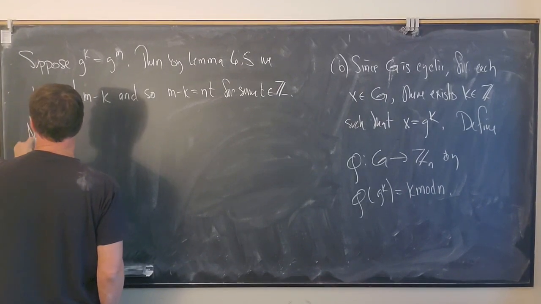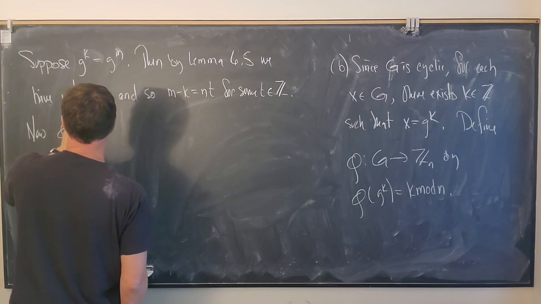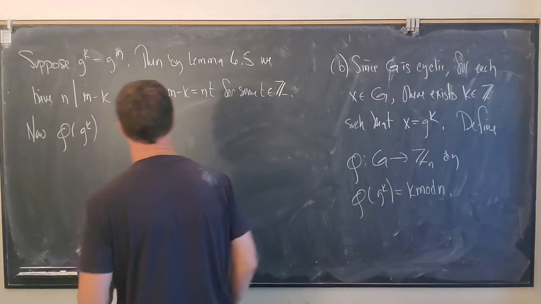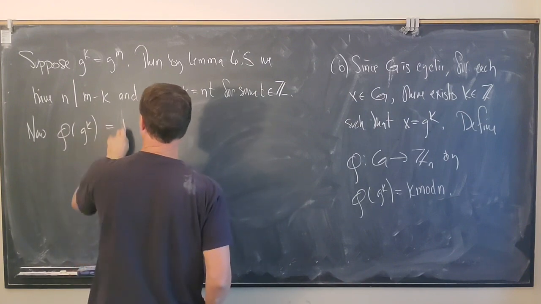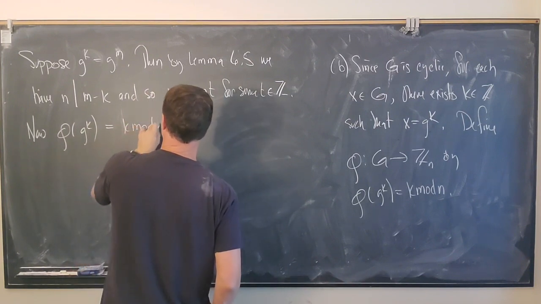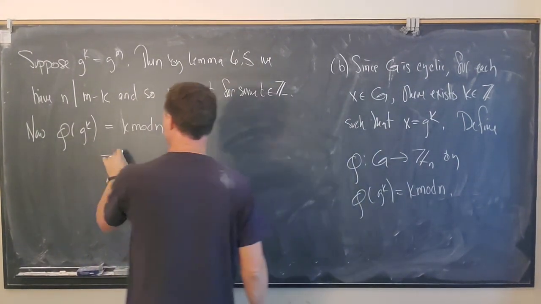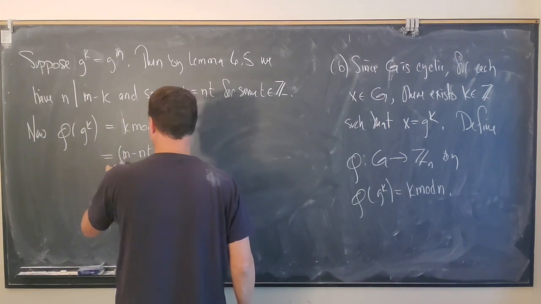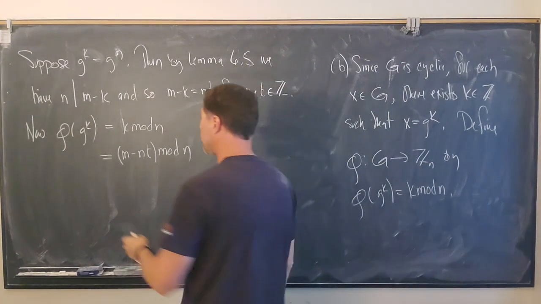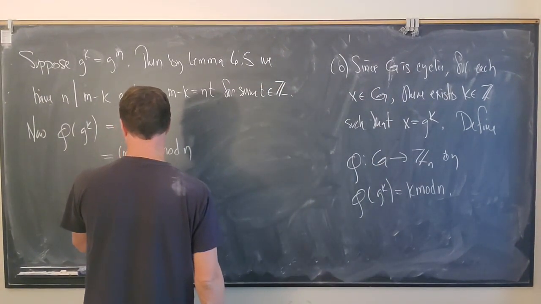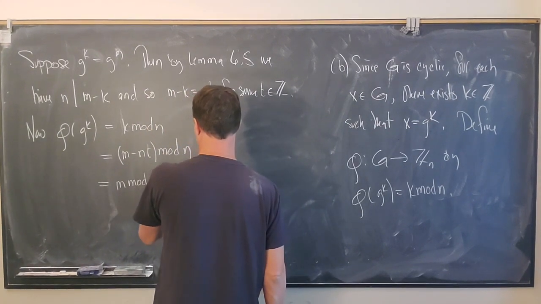So now, phi of g to the k is equal to k mod n, which, if I solve for k, is m minus n times t mod n, which is equal to m mod n minus nt mod n.